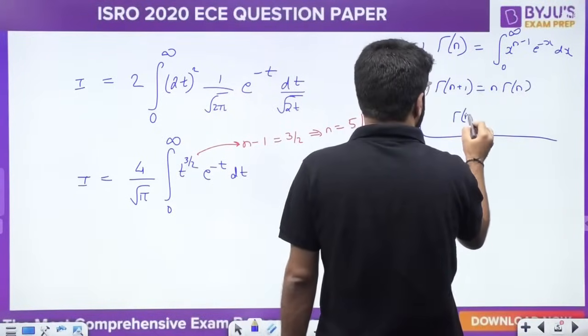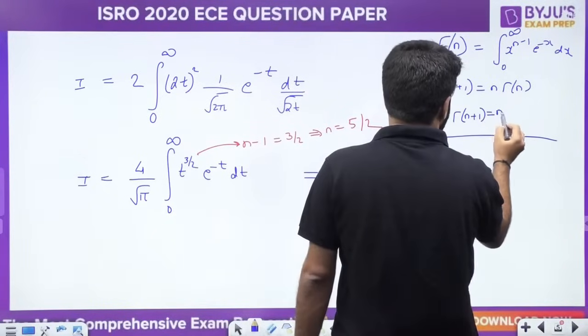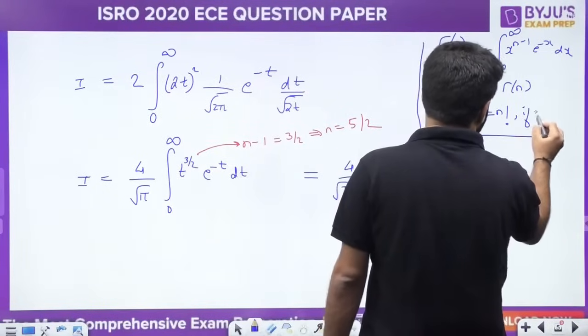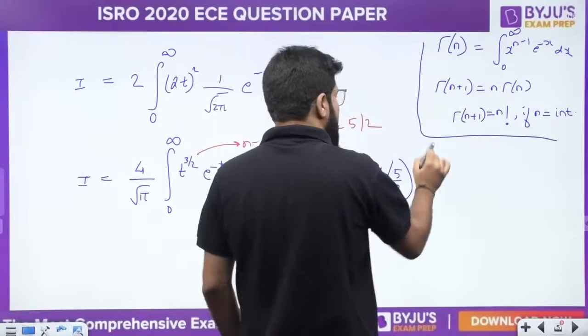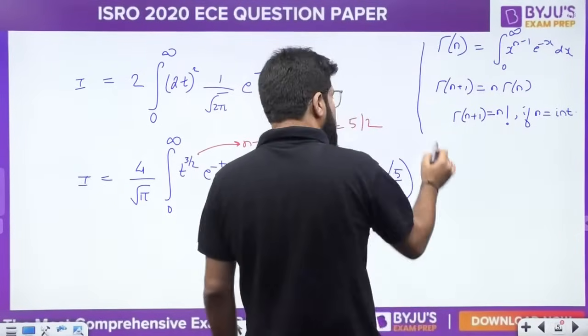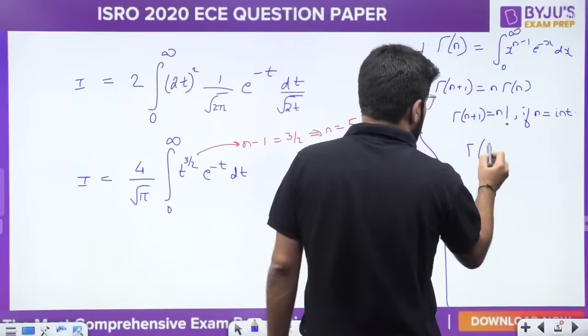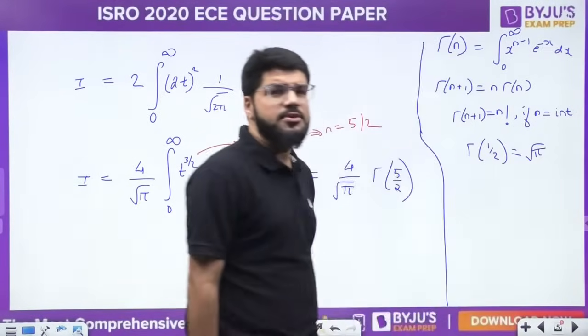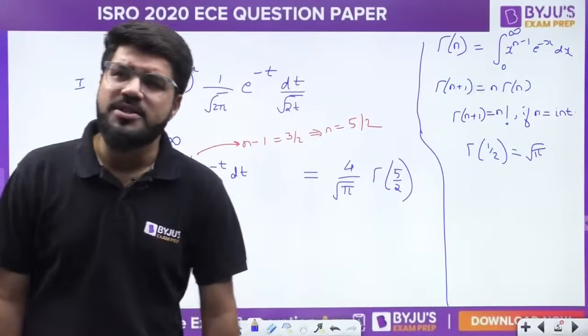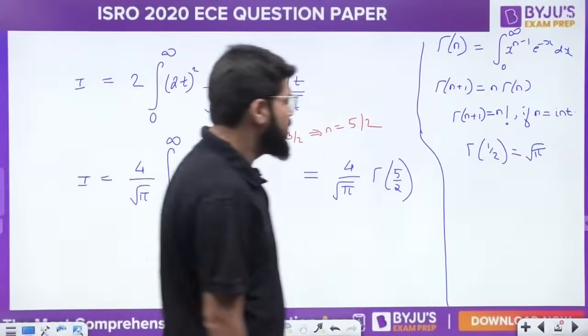Gamma n plus 1 is also equal to factorial n if n is integer. Here it is not an integer, but if it is an integer, then we can directly use the factorial n, right? Also, one more value to be remembered, gamma of half is given by root pi. Whenever you want to deal with questions on the gamma function, these are the basic things that you must remember.